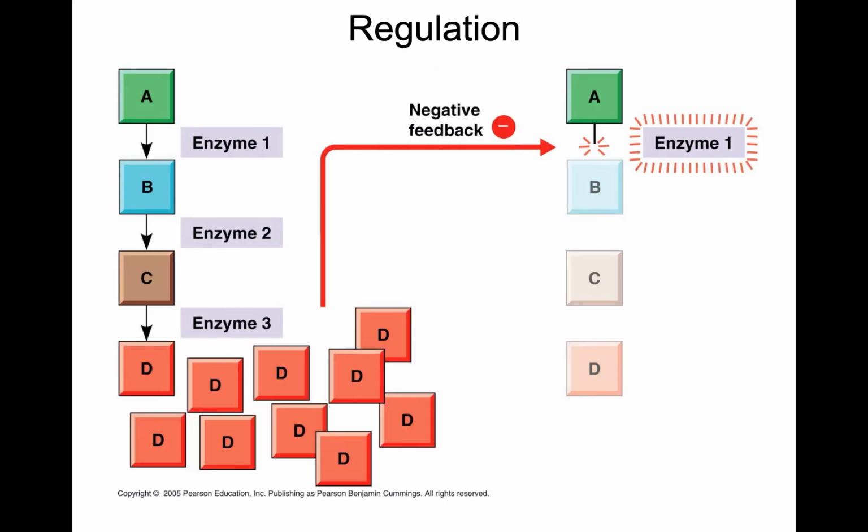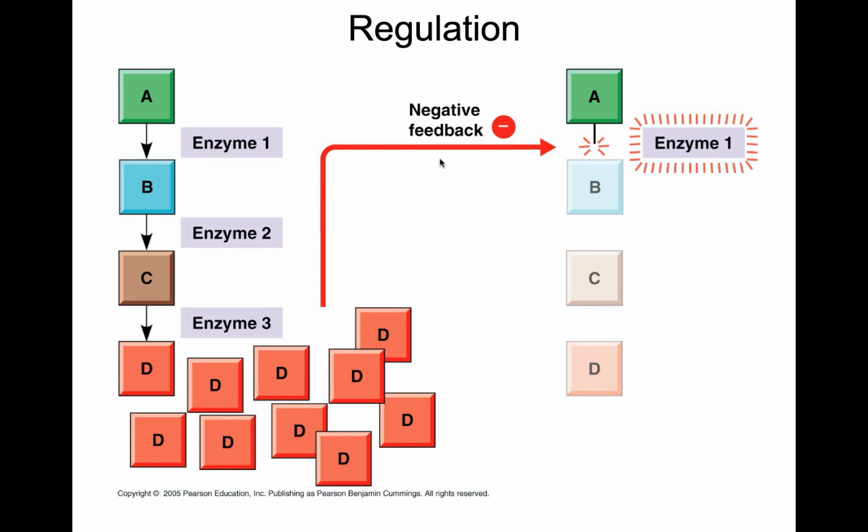Okay, the last theme of biology that we will talk about is regulation. And in fact, life can almost be defined as regulated metabolism. The idea that things aren't constantly on or reactions aren't constantly off.